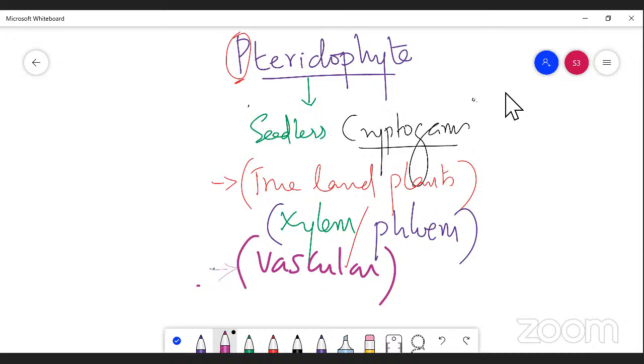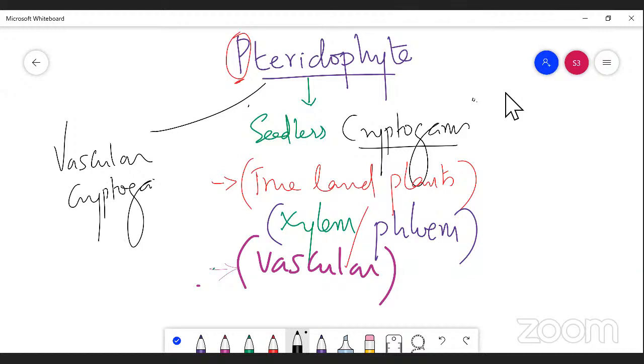I can say Pteridophyte is also known as vascular cryptogam. Vascular cryptogam means vascular tissue is well developed and it does not produce any seeds.